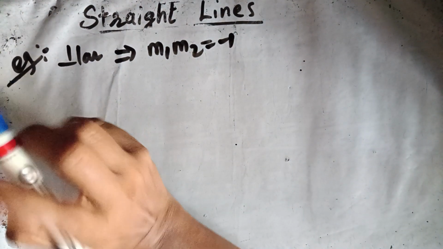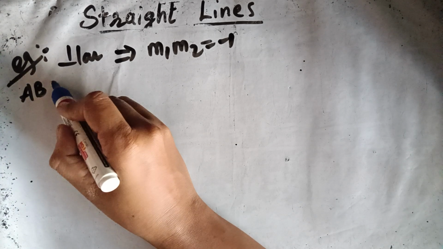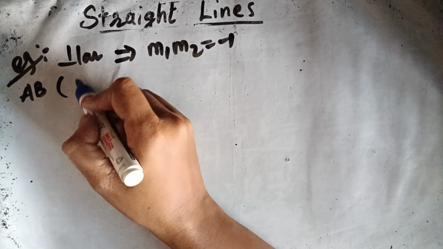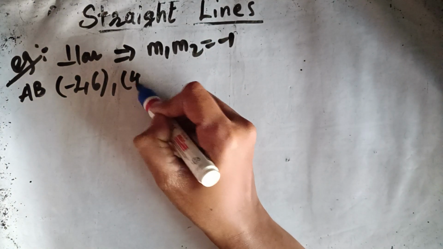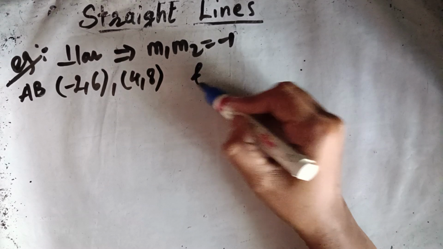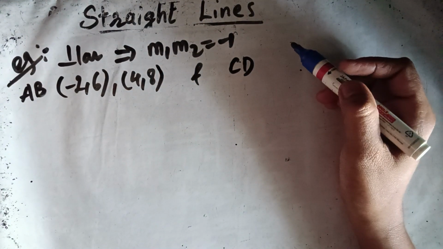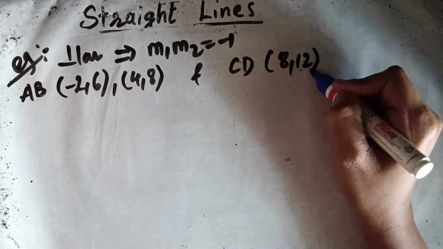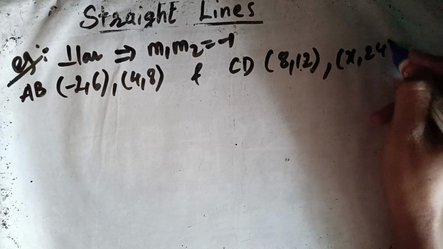One line is given, I'll take it as AB, with points minus 2, 6 and 4, 8. The other line which is given, I'll take it as CD, with points 8, 12 and x, 24.